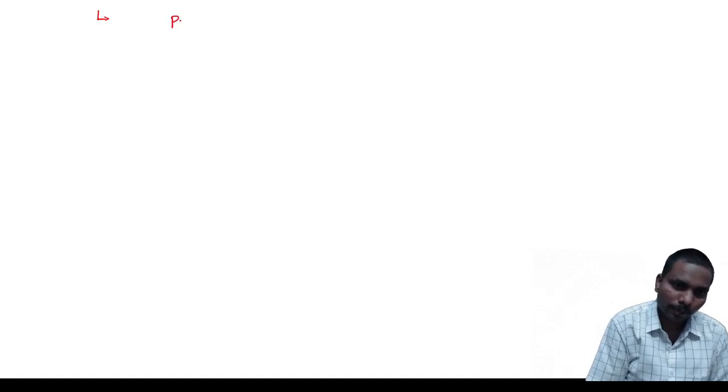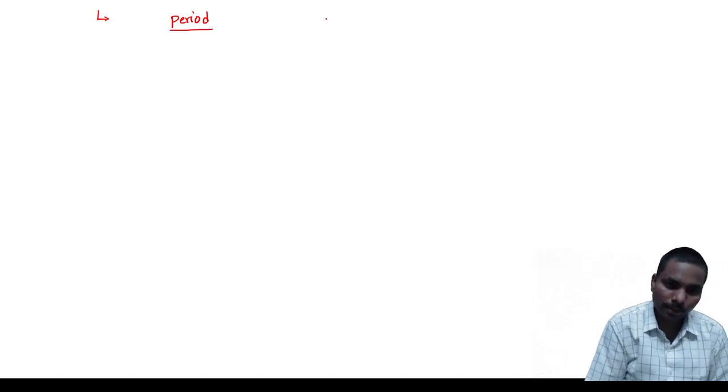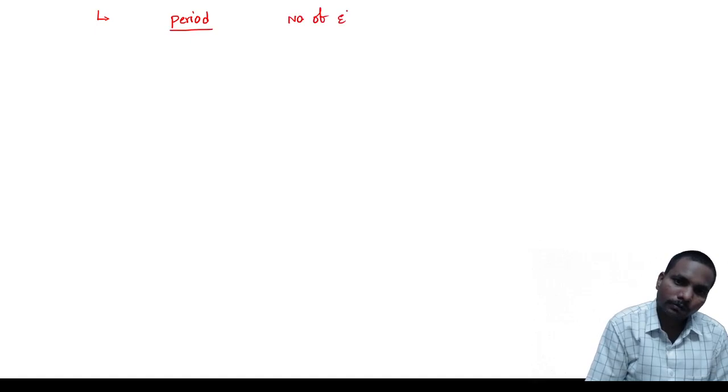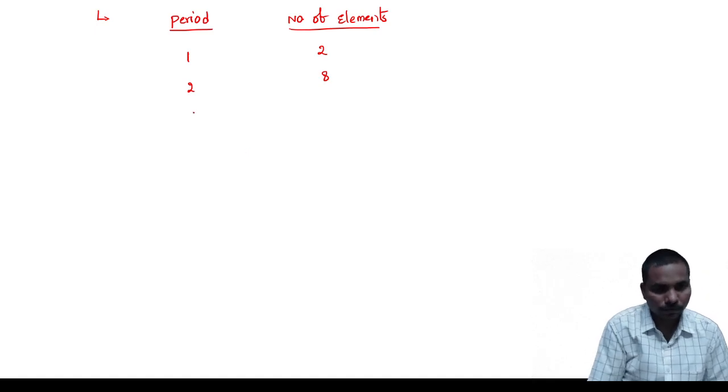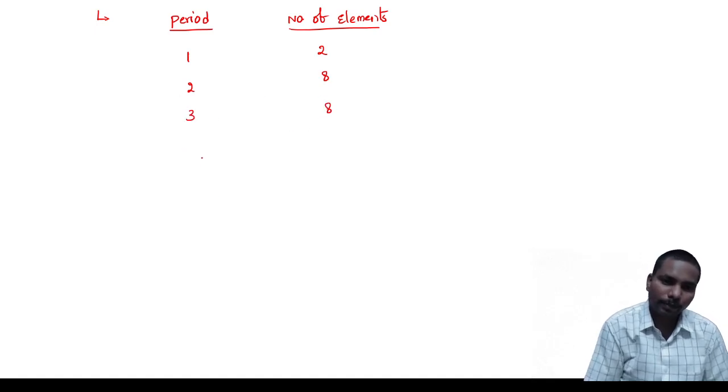Okay, coming to period and the number of elements. In the first period we have how many elements? 2. Sorry, second and third we have 8 elements each. So second period 8, third period also 8.